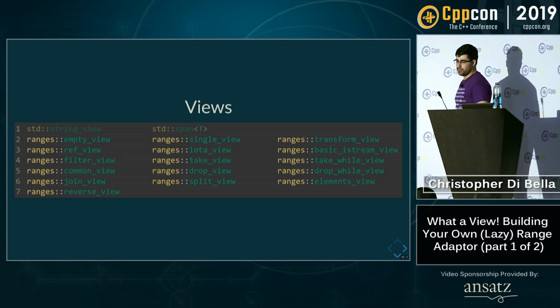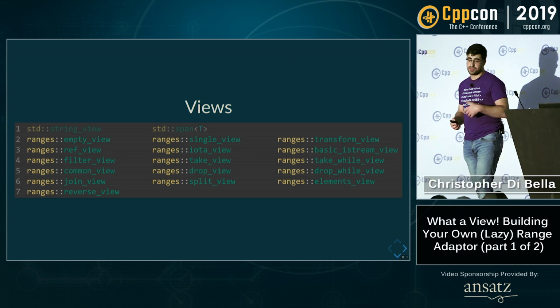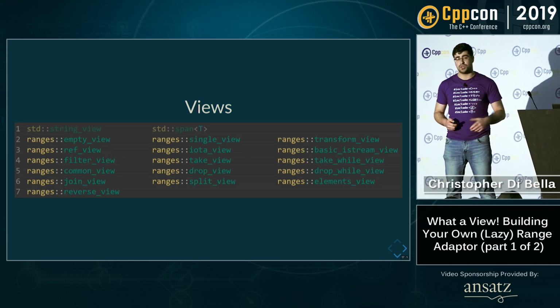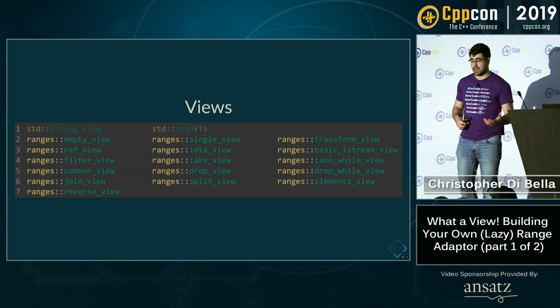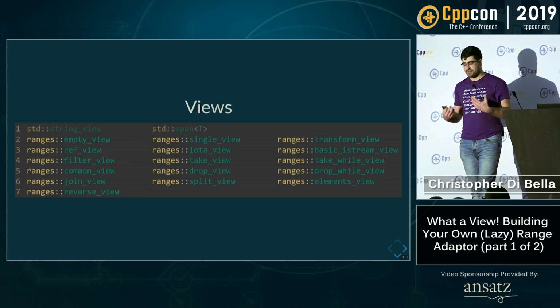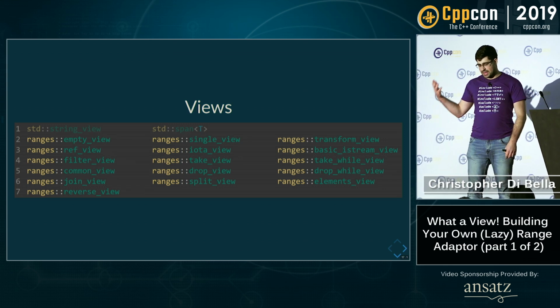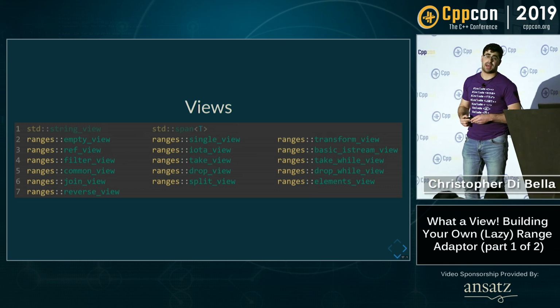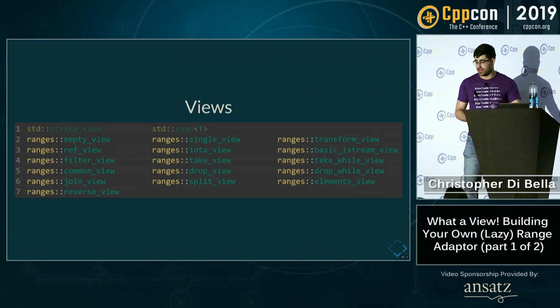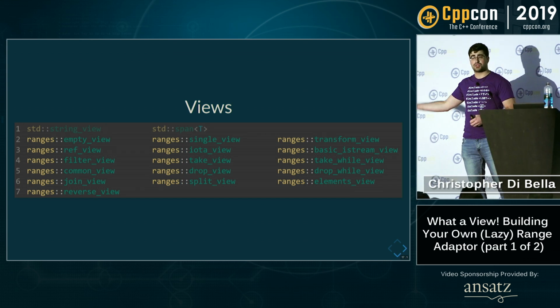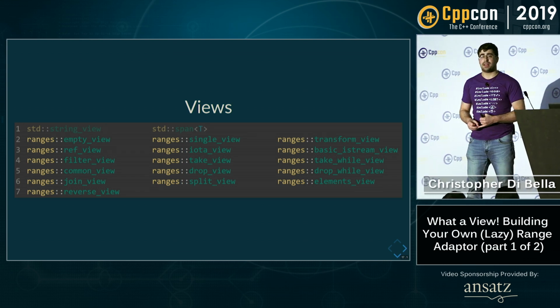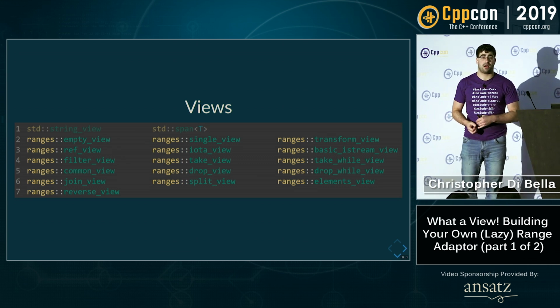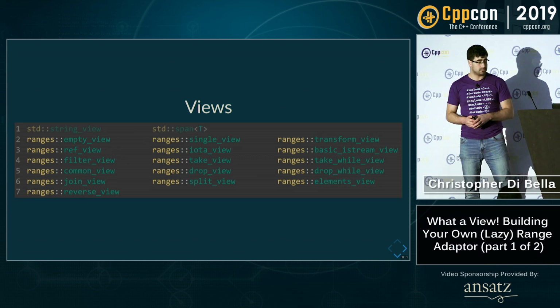And so empty view provides us with an empty range. It's useful when we want to say this range is empty, but we don't have any other way of doing that. Filter view allows us to take out elements that don't satisfy a given predicate. Drop while view allows us to discount elements until a particular condition is satisfied. We saw that one at the very start.